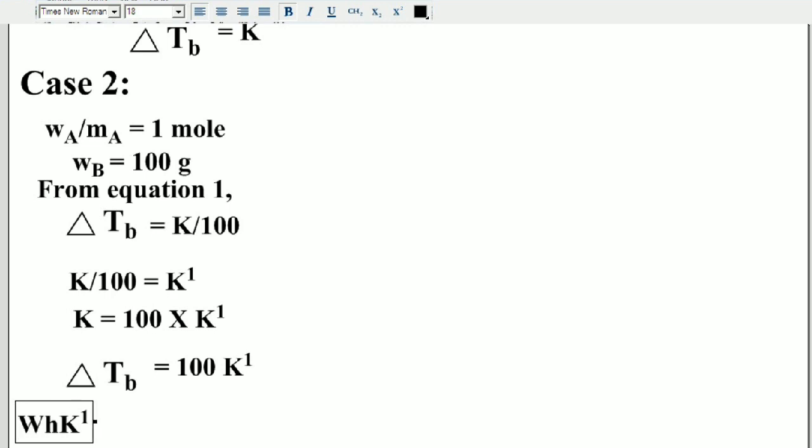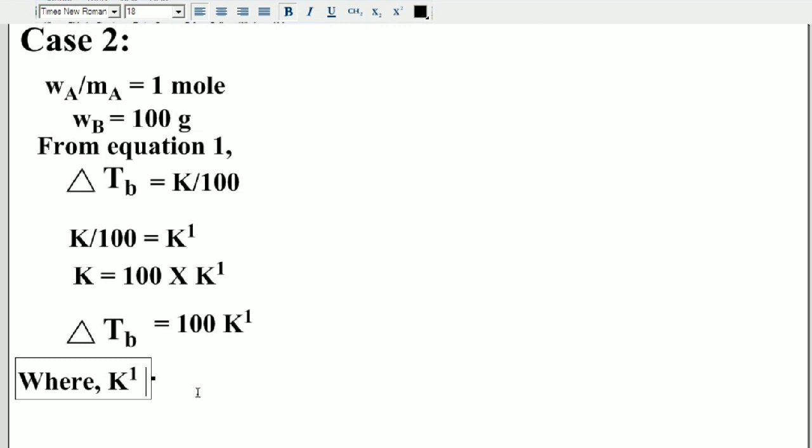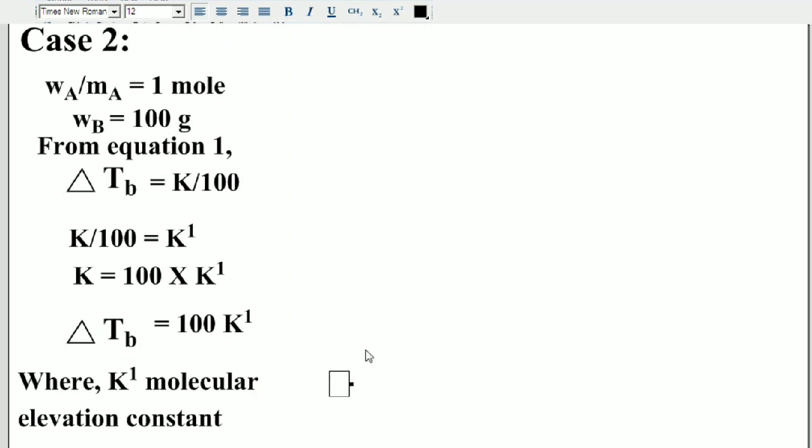Students, K is known as the elevation constant but K dash is known as the molecular elevation constant. So students, you can remember that K dash is the molecular elevation constant.